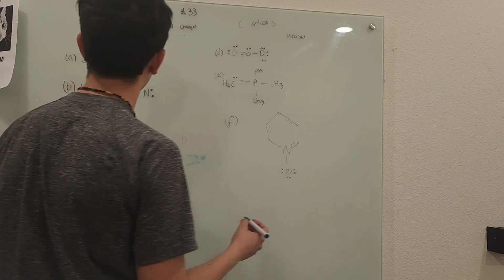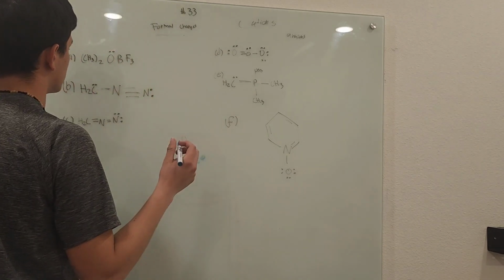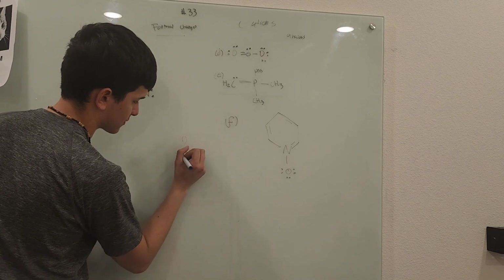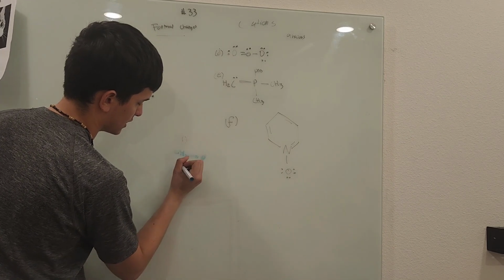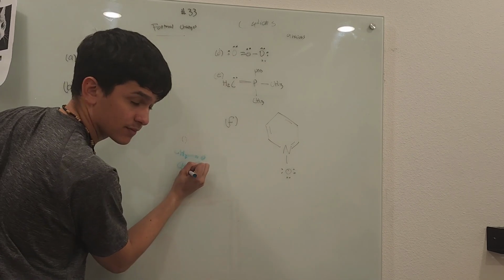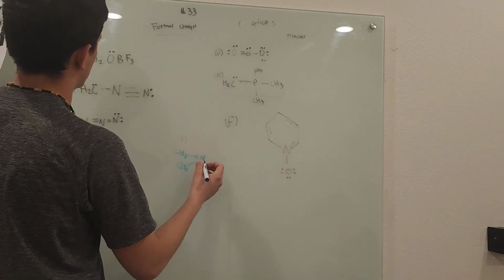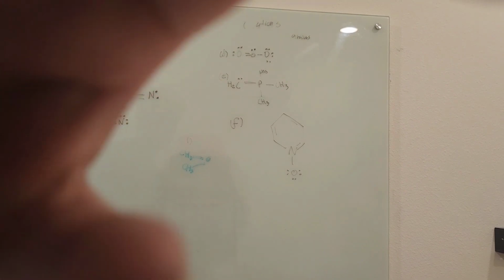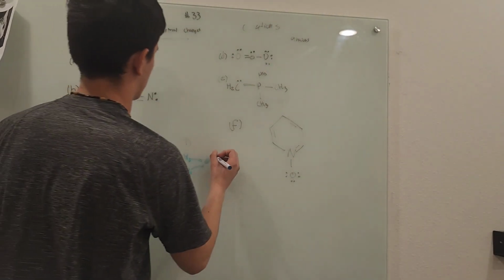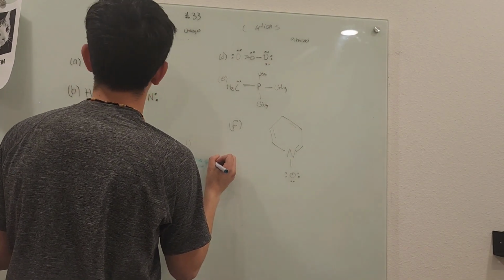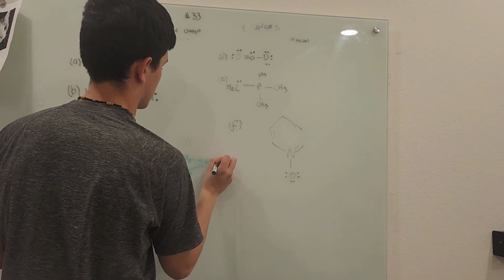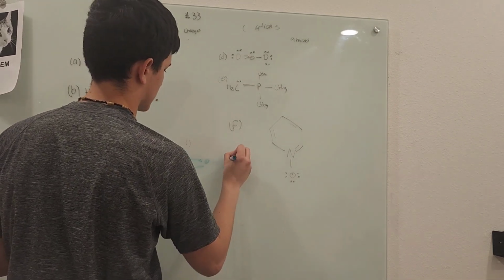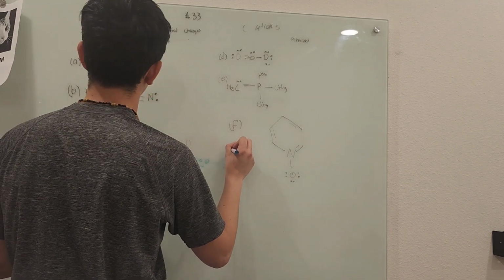So we're going to draw its Lewis dot formula. We have 2 methyl groups, CH3, CH3, and we're going to have a BF3 connected to this.